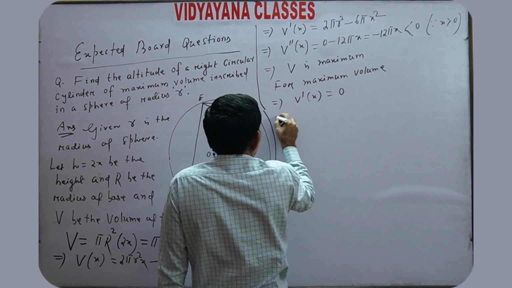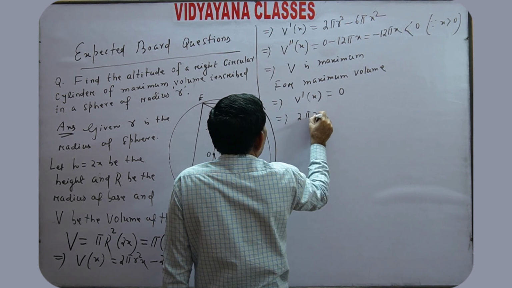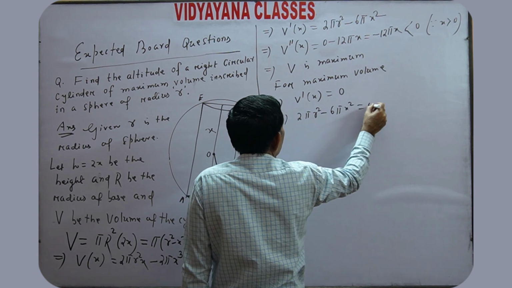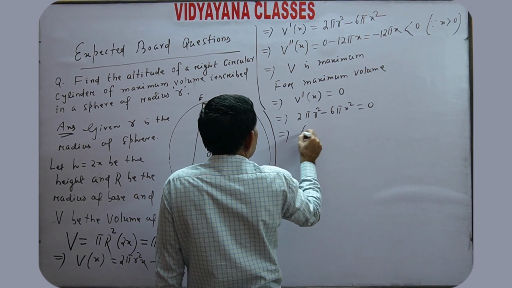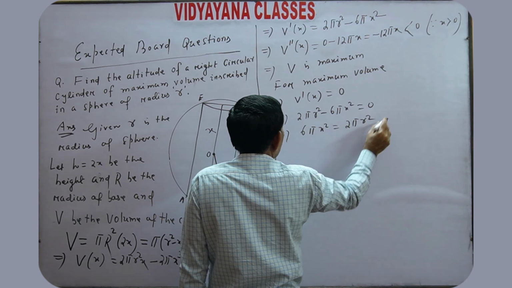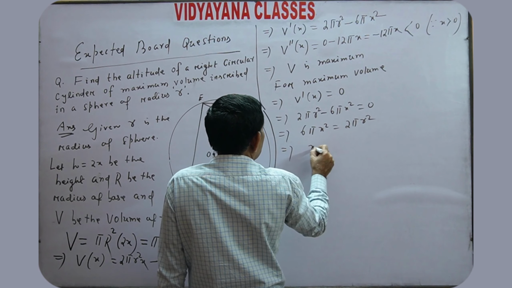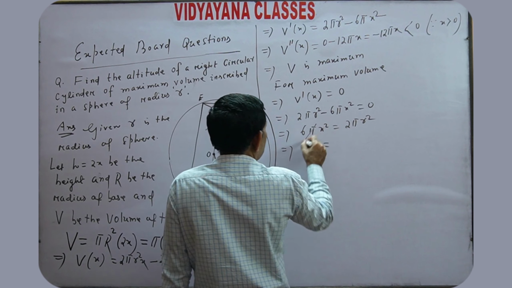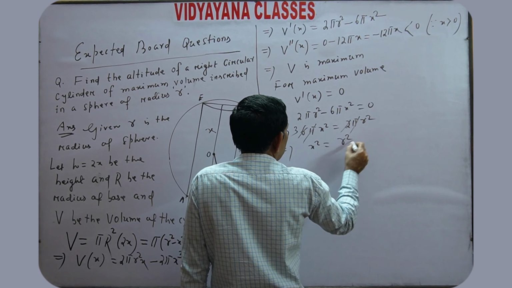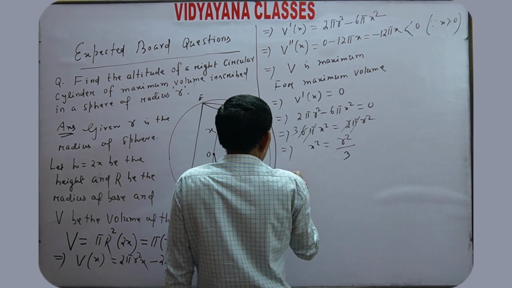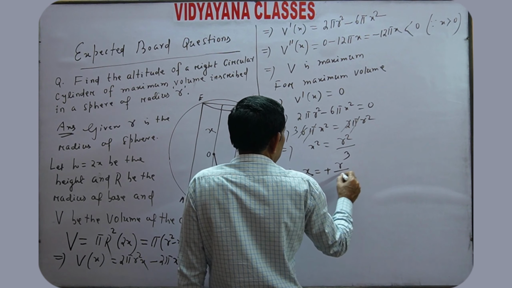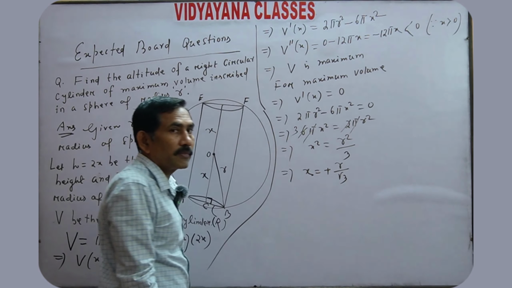V dash is equal to 2 pi R square minus 6 pi x square is equal to 0, which implies 6 pi x square is equal to 2 pi R square, which implies x square is equal to R square divided by 3, which implies x is equal to the positive square root, R divided by root 3.